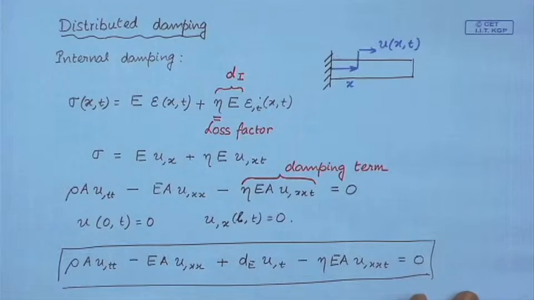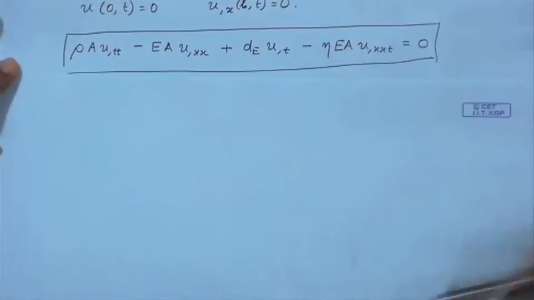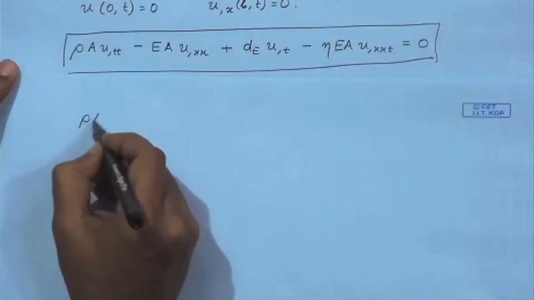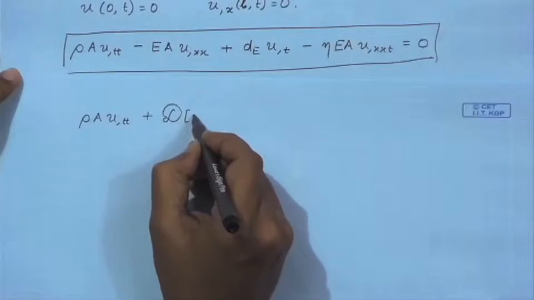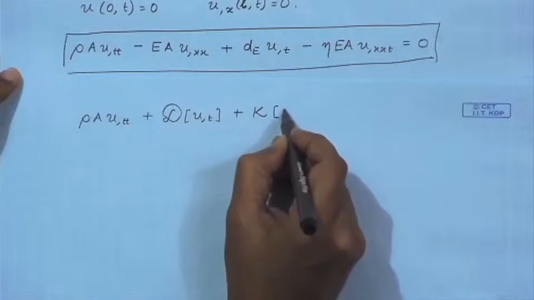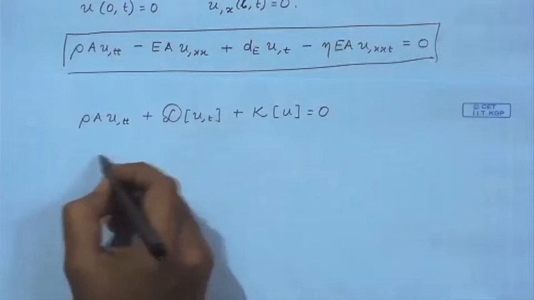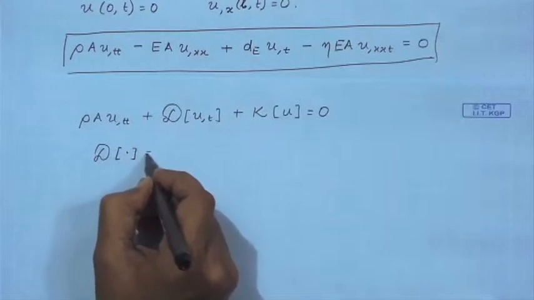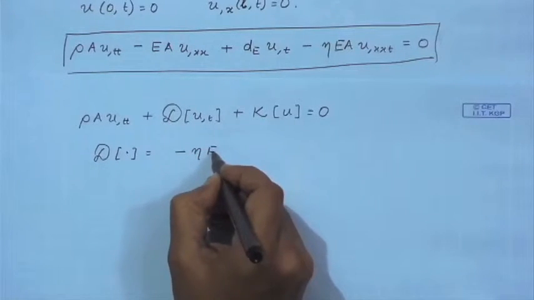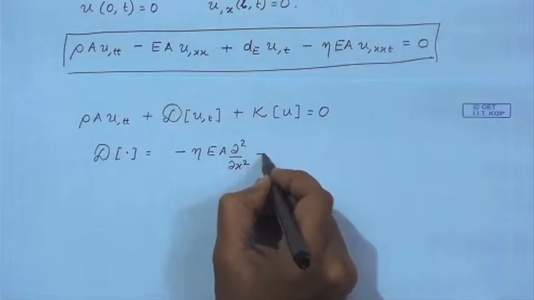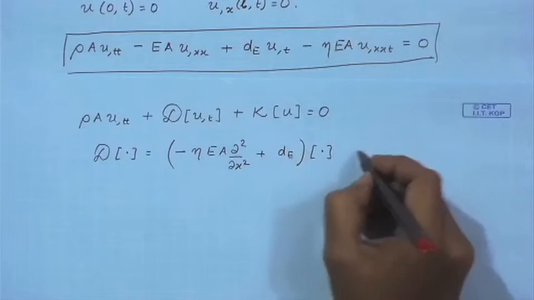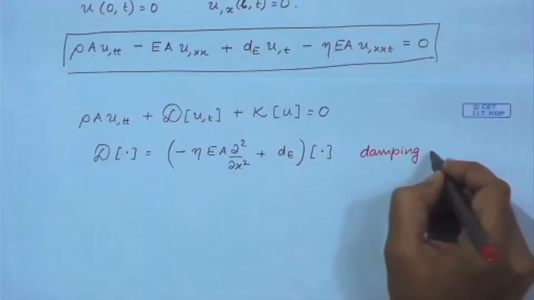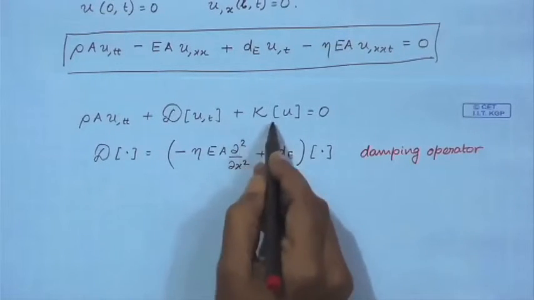Now, this equation may be written in a compact form like this, where this damping operator is known as the damping operator, just like this K is known as the stiffness operator.